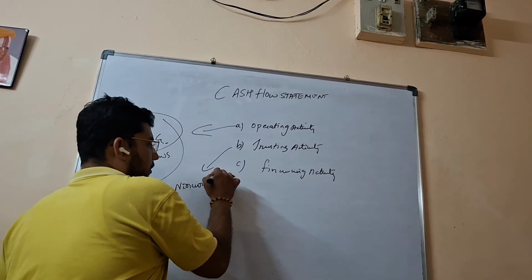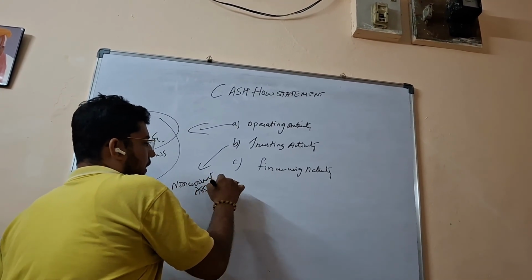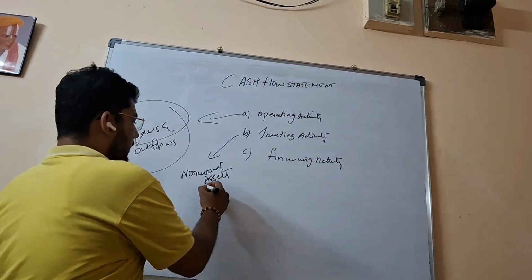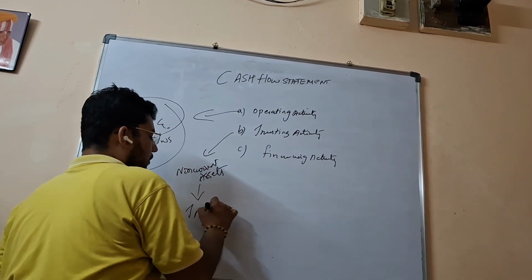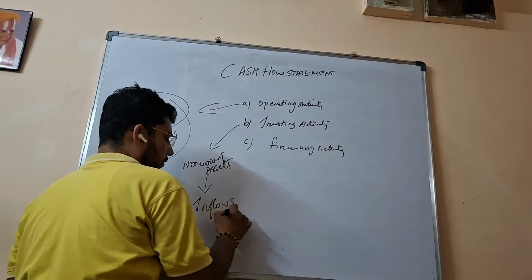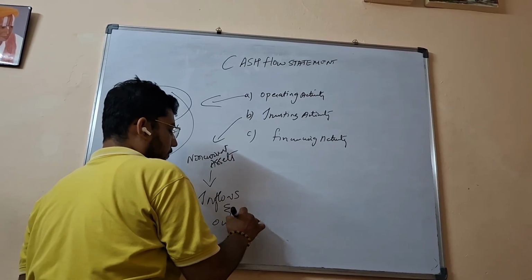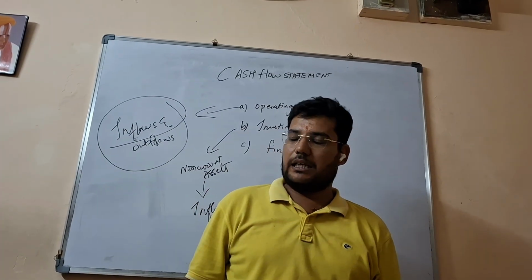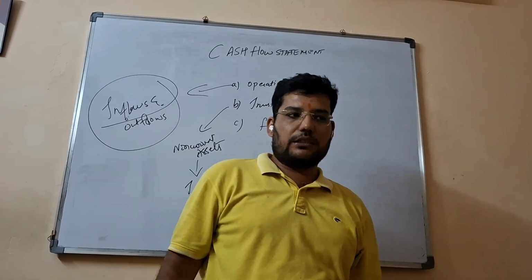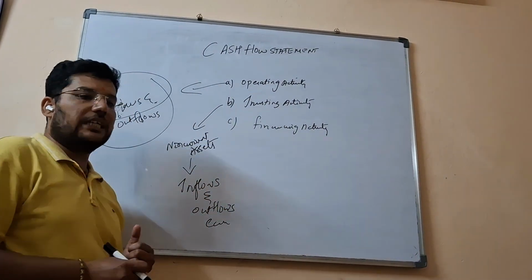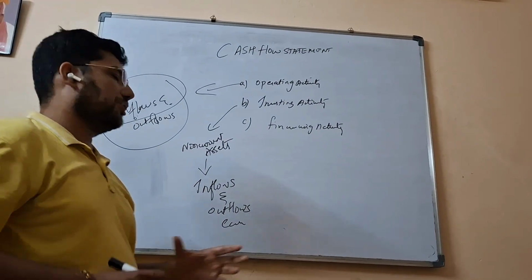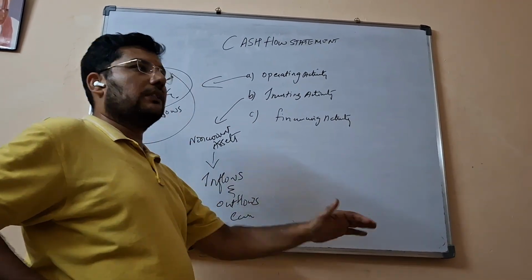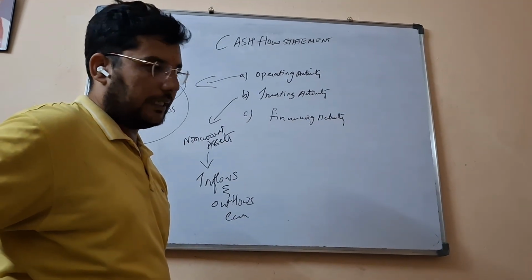So investing activity consists of the inflows and outflows of cash from non-current assets, that is investing in tangible assets, intangible assets, and the investments made during the year in other businesses as well.